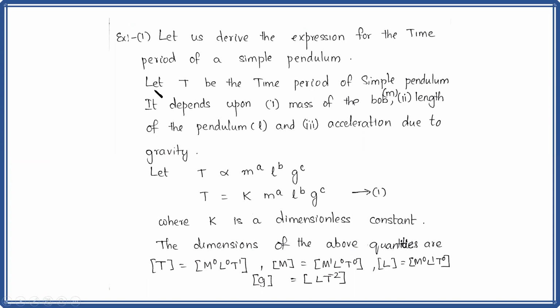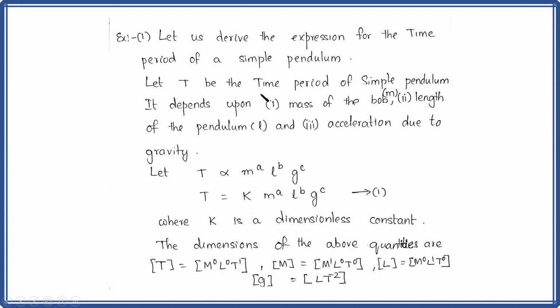That was different from this. There we used the same formula to check whether the equation is right or wrong. Here we are deriving the expression for the time period of a simple pendulum.